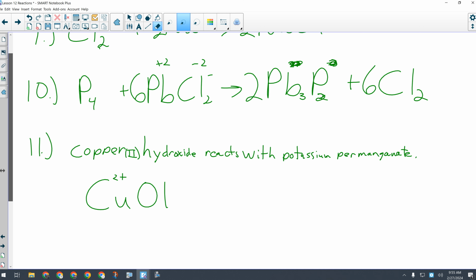It is with hydroxide, which is a -1. What needs to go around this? Right. If you don't put brackets around this and you write out the whole reaction, is it balanced correctly? Because you have 1 oxygen and 2 hydrogens, unless you put brackets around it. You'd be surprised how often people forget that.